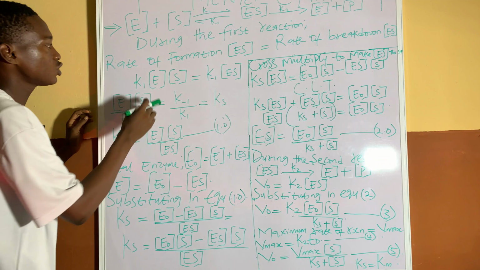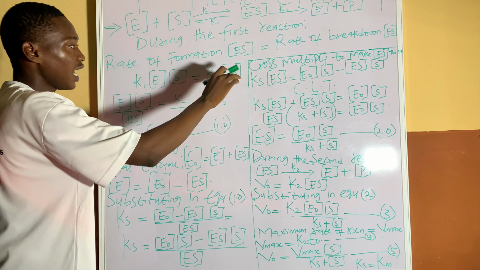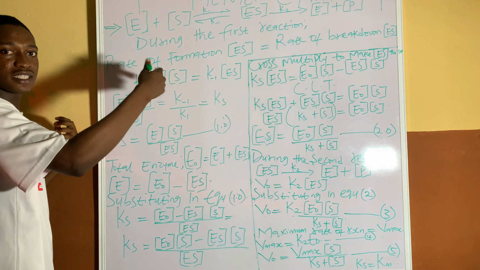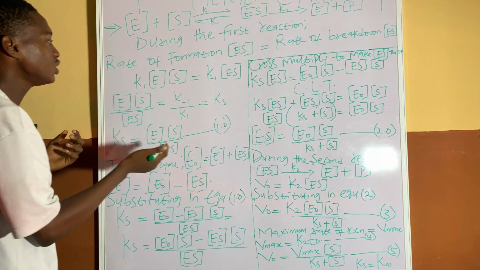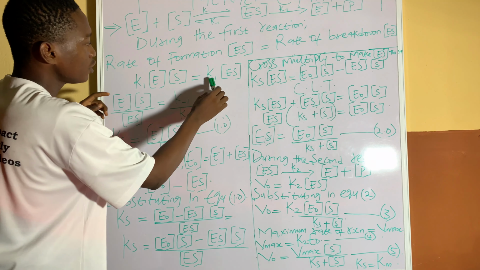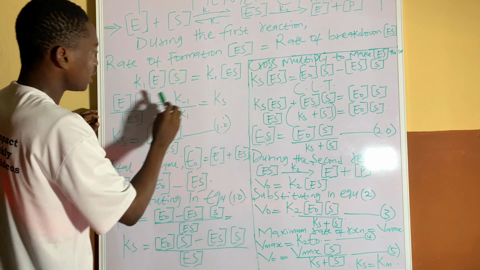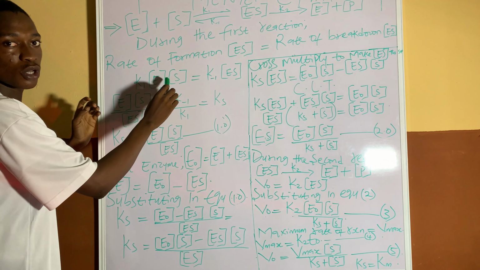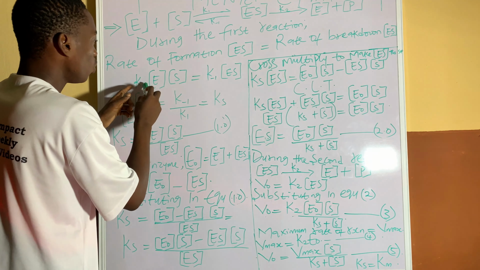Because at the end of the day, we want to put all the constants on one side and the enzyme, substrate and enzyme substrate complex on the other side. So doing that, we divide by the coefficient of K subscript minus 1, which is ES, and divide by the coefficient of free enzyme and substrate, which is K1.